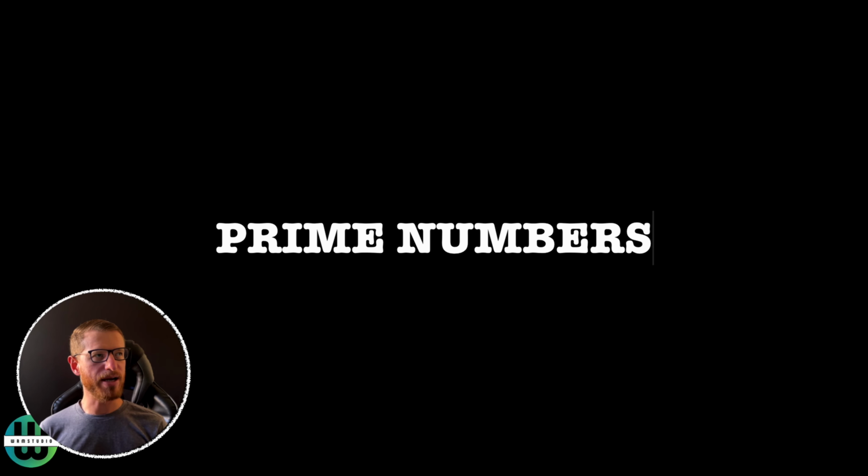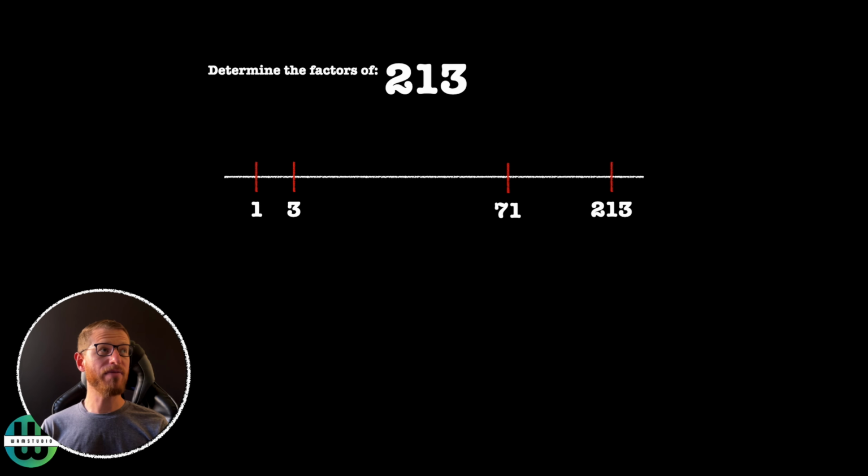Let's have a look at what is a prime number. A prime number is a number with only 2 factors, 1 and itself. Now, if we have a look at the factors of 213, 213 is not a prime number because it has more than just itself and 1.